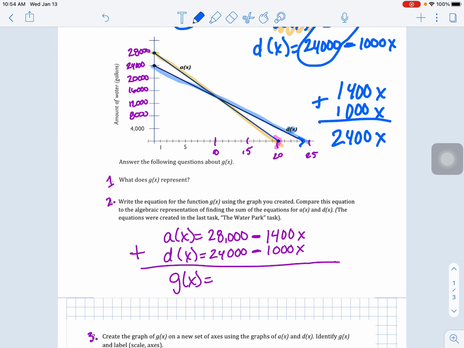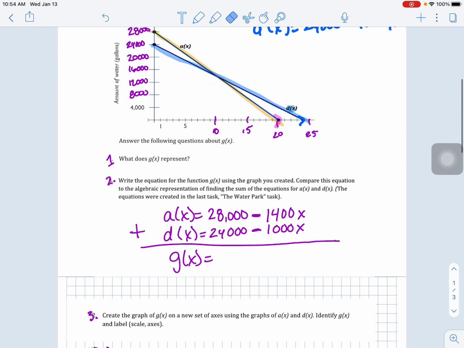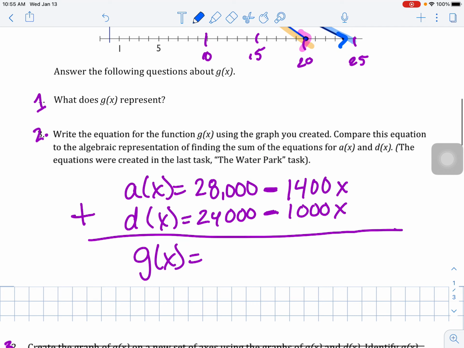Question number 2 says, write an equation for G of x, which we sort of just did. If they're working together, they have to drain all the water from both pools. You add the 28,000 and the 24,000, and I get a total of 52,000 gallons. So if they work together, they have more water to drain.